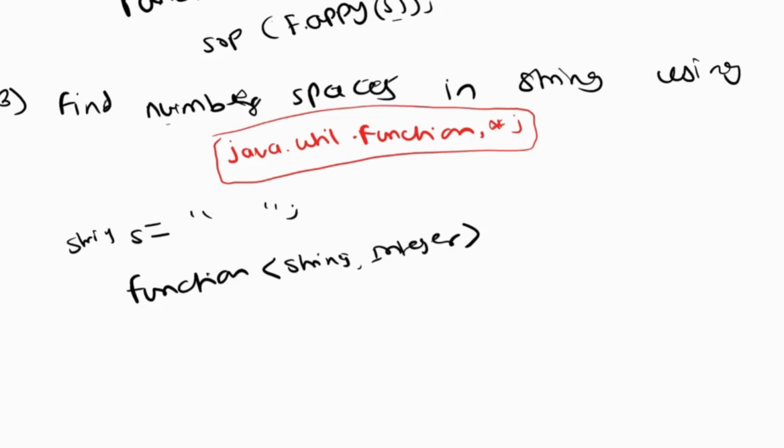Integer, because we are trying to find the number of spaces, correct? That's why our output is of type Integer. Let me give the name f. Then s1, which is our string, with a lambda expression. First of all, we have to find s.length, right?